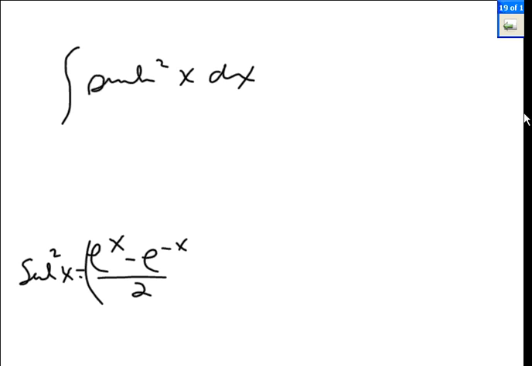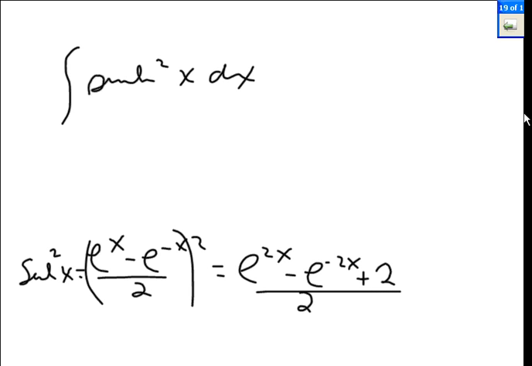If I square both sides, I get e to the 2x minus 2 plus e to the minus 2x over 4. That is, we're really just being asked to integrate e to the 2x minus 2 plus e to the minus 2x. In fact, I'll even bring that 1/4 from the bottom in front.